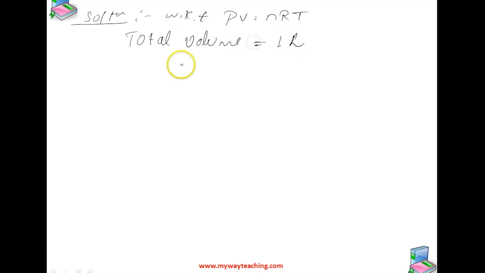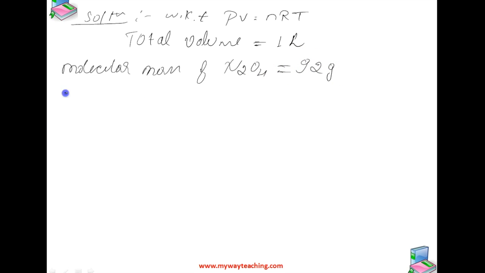We know that PV is equal to nRT. And next, total volume is equal to 1 liter. Correct. Molecular mass of N2O4 is equal to 92 gram.